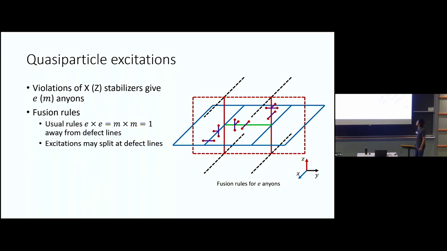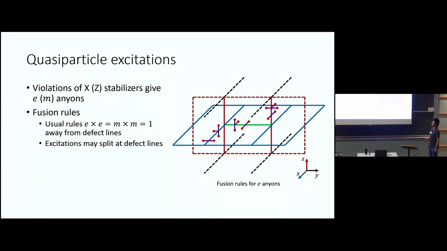But at these defect lines, they actually split. So here I've drawn the rules: if you have an E excitation that goes through, on the Z layer, a line defect with the Q layer, then it will actually split into two different excitations. Okay, so it will branch out. But if it's traveling along the Q layer, then it doesn't split at the defect line.